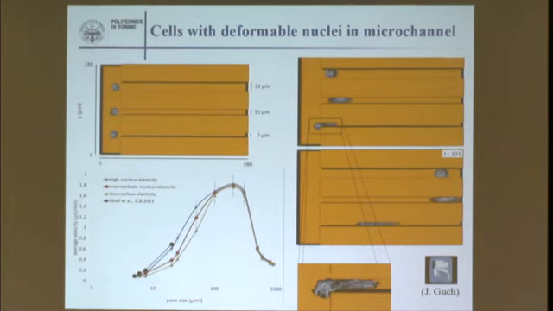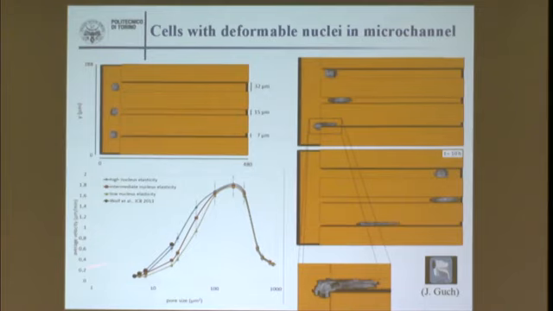Okay, and so again, we have this average velocity in terms of the pore size. We find the same thing as before. There are two things to notice here. The first one is that for large pore sizes, the elasticity of the nucleus is not important, as you expect, because there is no influence of the size of the nucleus and then of its elasticity.